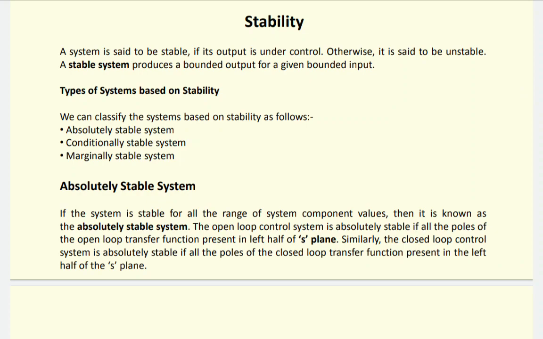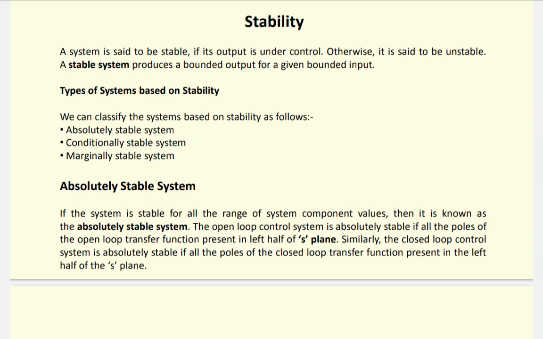So what is an absolutely stable system and what are the relevant conditions for it, that should be known to you. If the system is stable for all ranges of system component values, then it is known as an absolutely stable system. The open loop control system is absolutely stable if all the poles of the open loop transfer function are present in the left half of the S plane.